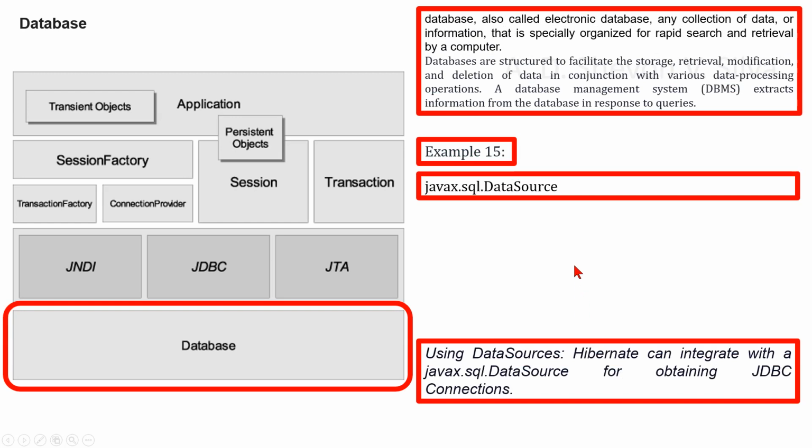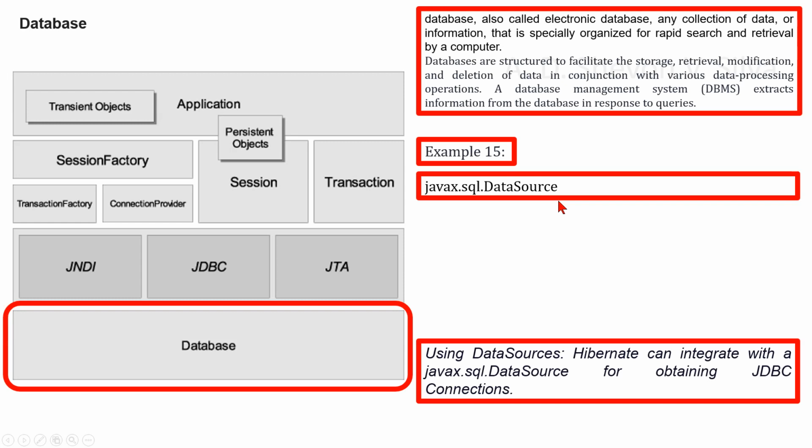Now we are considering using data sources. Hibernate can integrate with javax.sql.DataSource for obtaining JDBC connections. Application would tell Hibernate about the data source via the required hibernate.connection.datasource setting, which can either specify a JNDI name or would reference an actual data source instance.